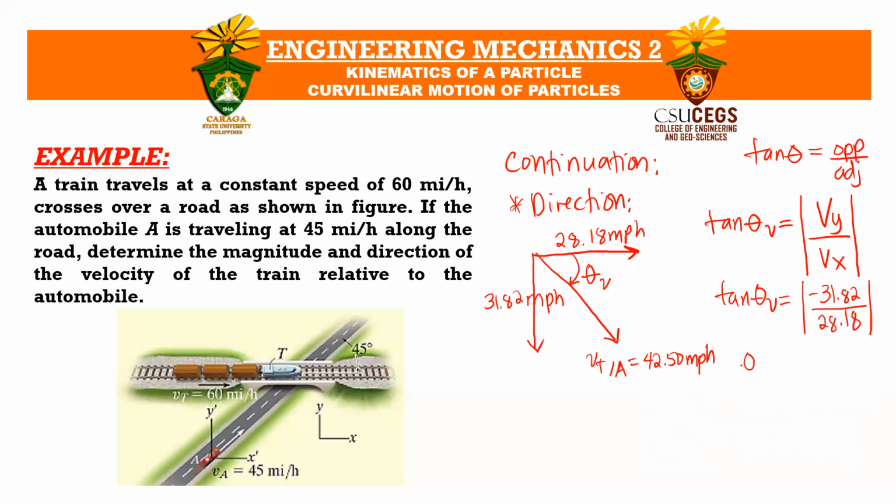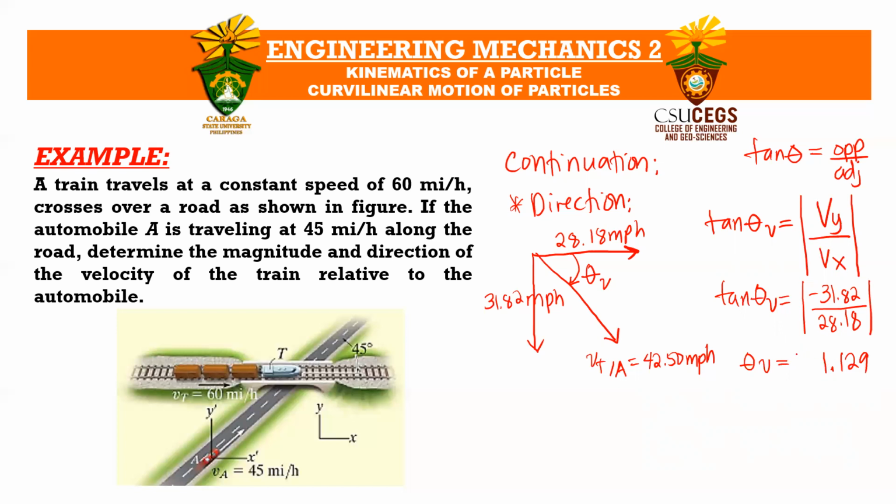So for that, negative 31.82 over 28.18 is equal to 1.129. And since it has an absolute value, the answer of negative 31.82 over 28.18 becomes positive.